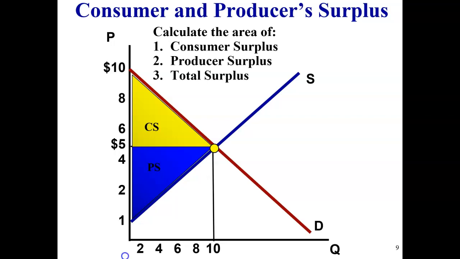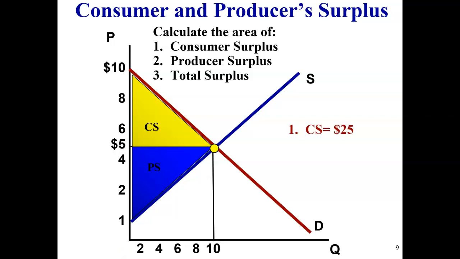Sometimes you're asked to shade consumer surplus. Sometimes you're asked to quantify consumer surplus, which of course you can really only do if you're given numbers on the X and Y axis. You can also quantify producer surplus, and sometimes you're asked for total surplus, and that would include consumer surplus and producer surplus together, okay, maximum surplus.